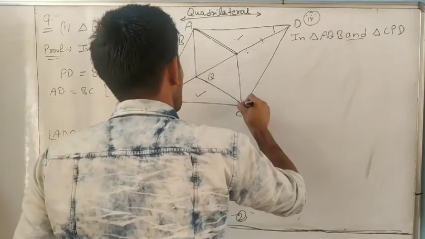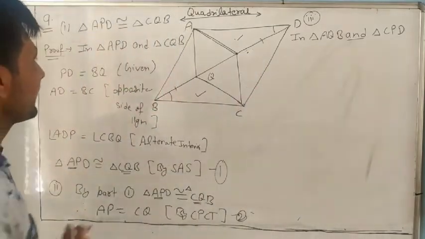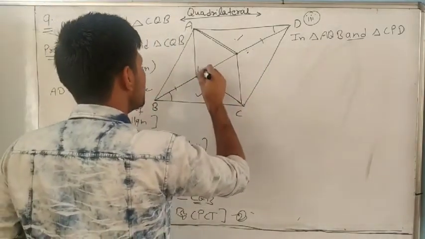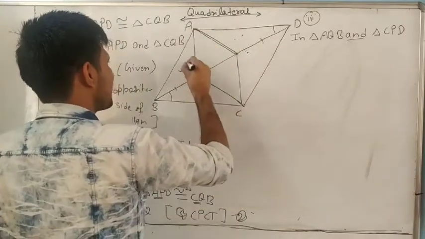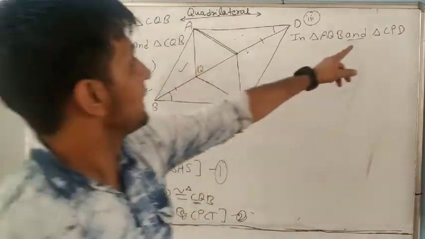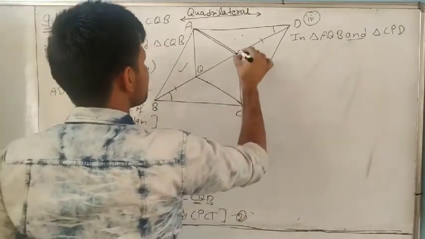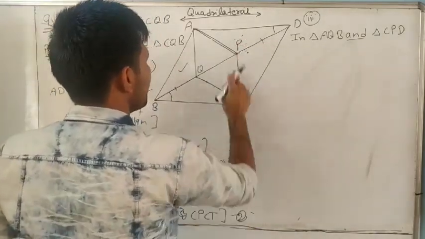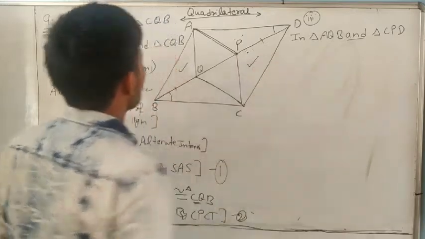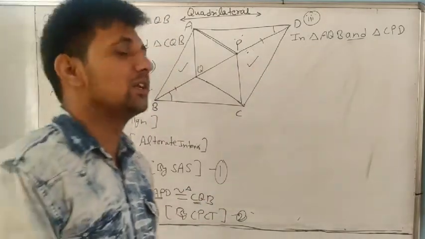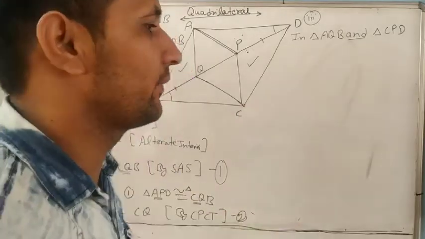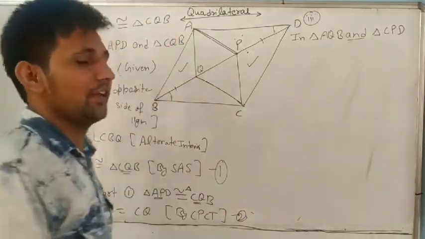So we have to show that triangle AQB, this one triangle, is congruent to the next one, CPD, this triangle. How will you prove that these two triangles are congruent? We have 5 criteria. Any one criteria we can use.